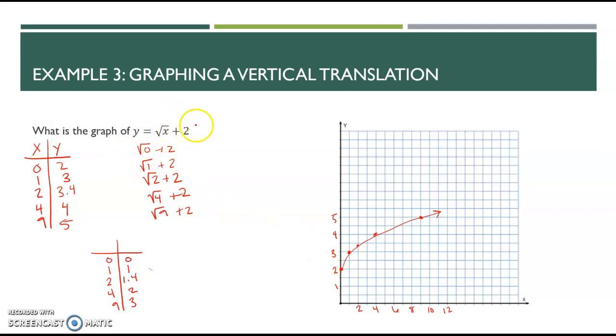So when we have that plus 2, or even if it was a -2, then we would subtract from all of them and we would go down. But our parent function, if I were to graph that parent function, it would be coming in looking like this. And so it is just pretty similar, just lower by 2 points. So that is y equals the square root of x, and then this is y equals the square root of x plus 2, so you can see the difference in those shapes.